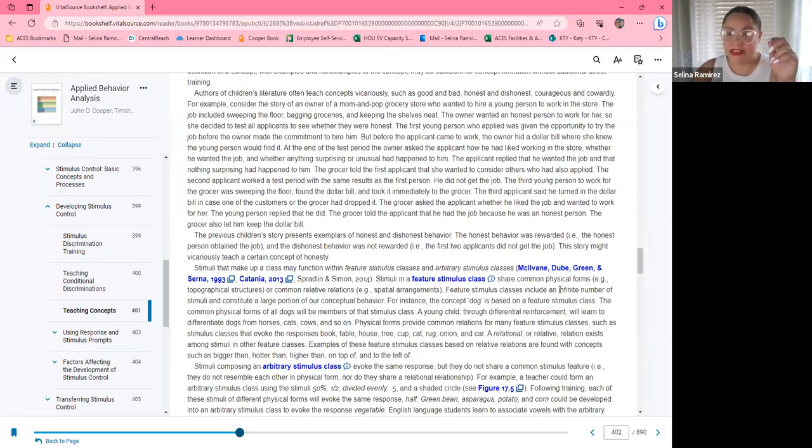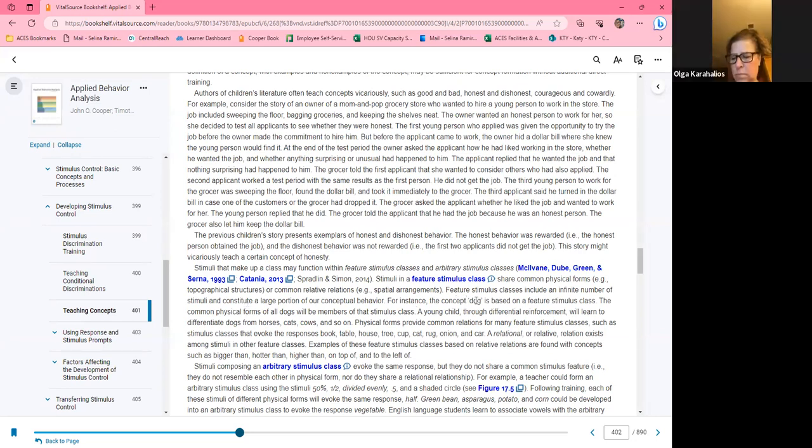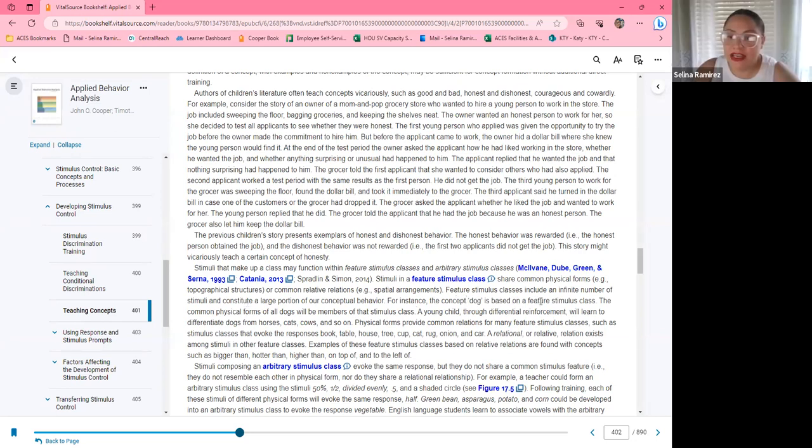So feature stimulus classes include an infinite number of stimuli and constitute a large portion of our conceptual behavior. For instance, the concept dog is based on a feature stimulus class. The common physical forms of all dogs will be members of that stimulus class.